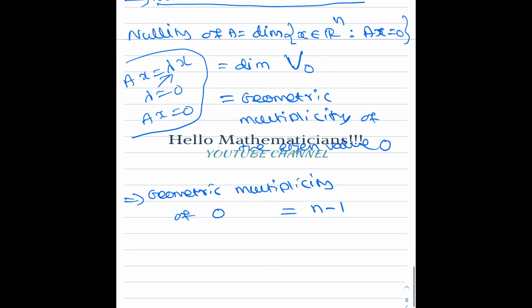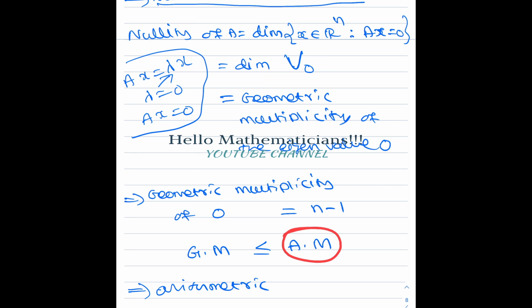But we have that geometric multiplicity is less than or equal to algebraic multiplicity.